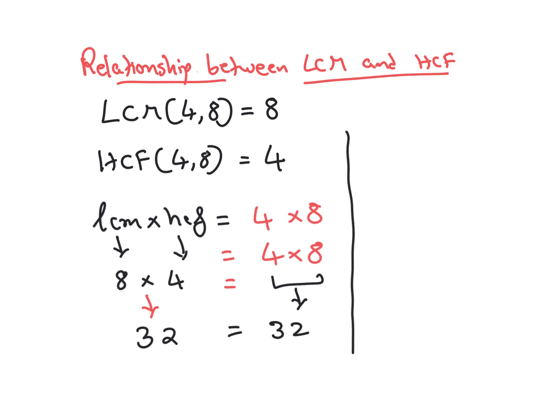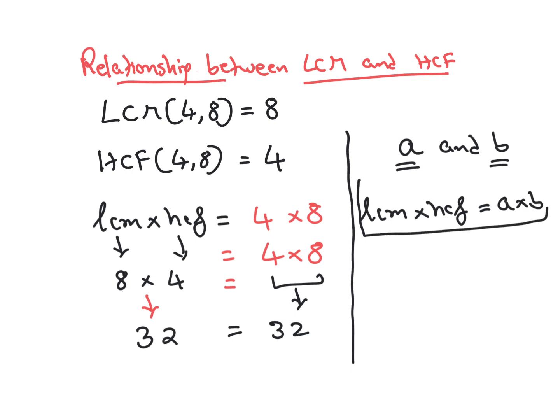So in general, can we say, if you are finding the LCM and HCF of two numbers A and B, say for example, then the LCM times HCF of these two numbers will be equal to A times B. Remember one thing, this applies only to finding the LCM and HCF of two numbers only.